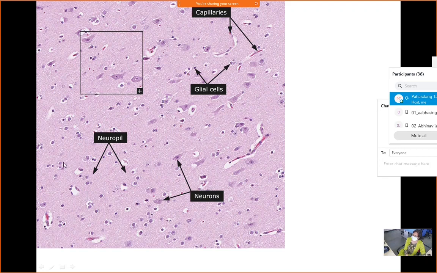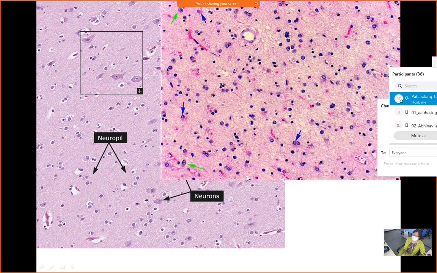So when you look at this picture, you can see a whole lot of pink. Blue is very less, right? Now you compare with this picture. In this picture, you can see that the blue has become more prominent. A lot of pink still, but the number of blue has increased and the individual blues have increased in size and they have become darker.